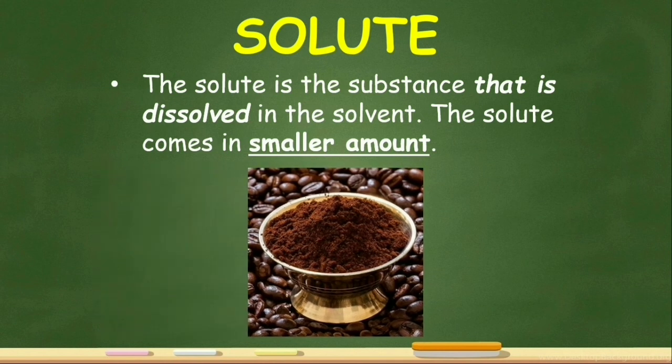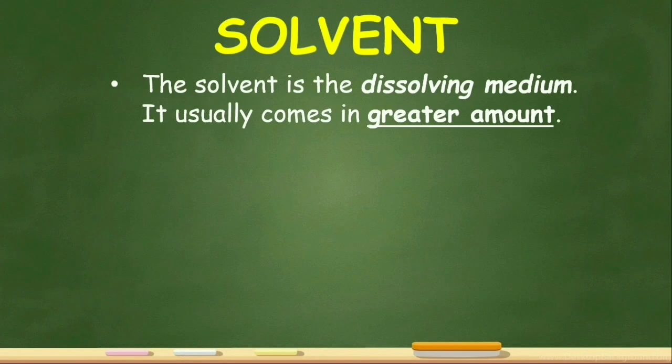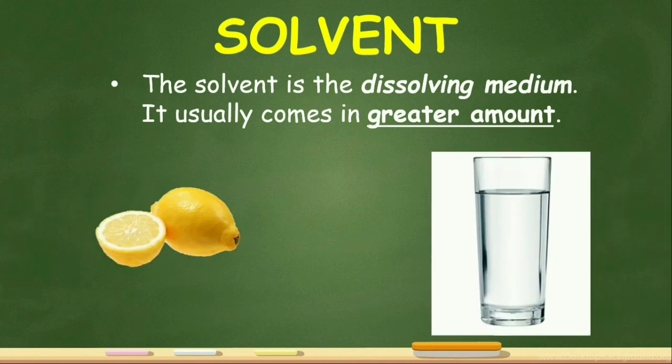On the other hand, solvent is the dissolving medium. It usually comes in greater amount. Let's take lemonade as an example. Which among the lemon and the water is the solvent?